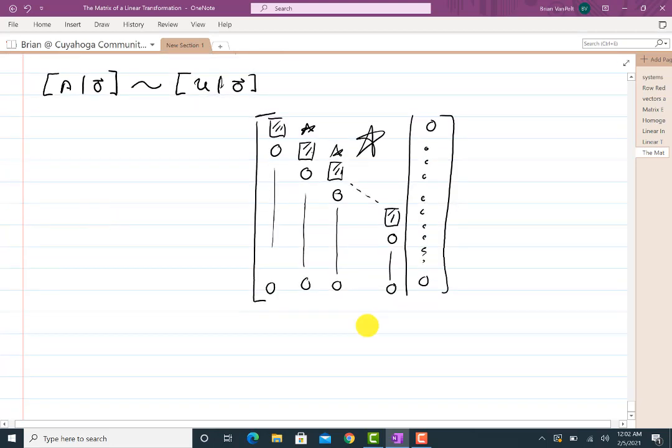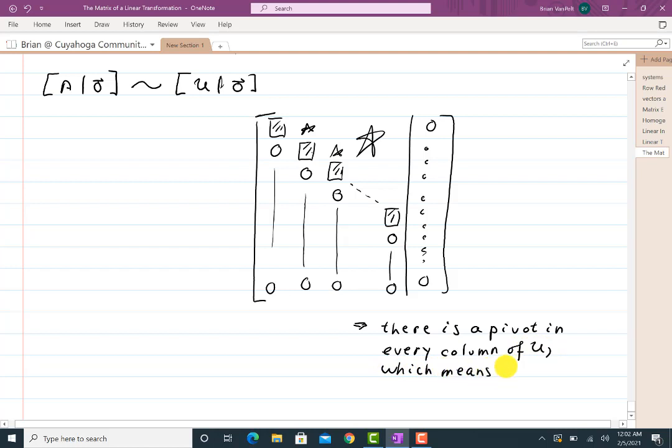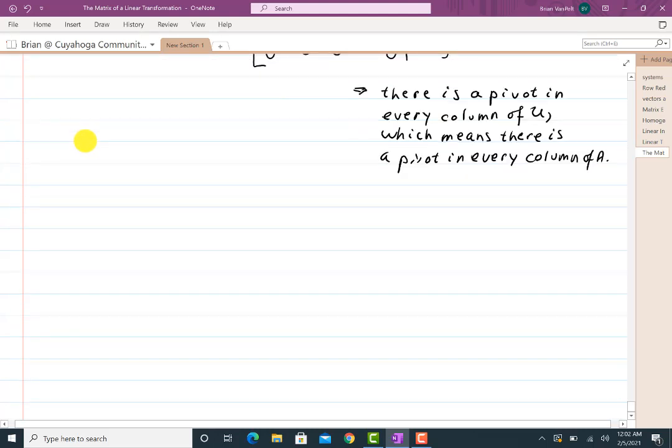So this implies there is a pivot in every column of U, which means there is a pivot in every column of A. So I took care of that direction. Now let's go in the reverse direction.